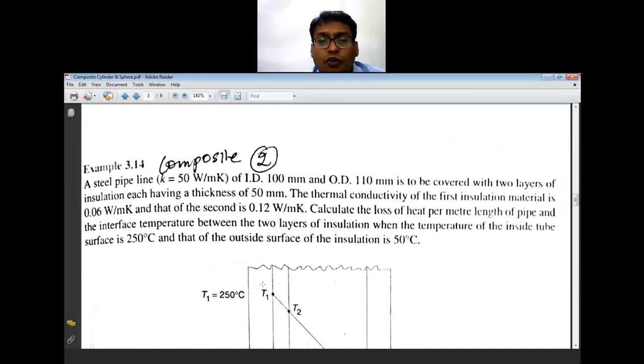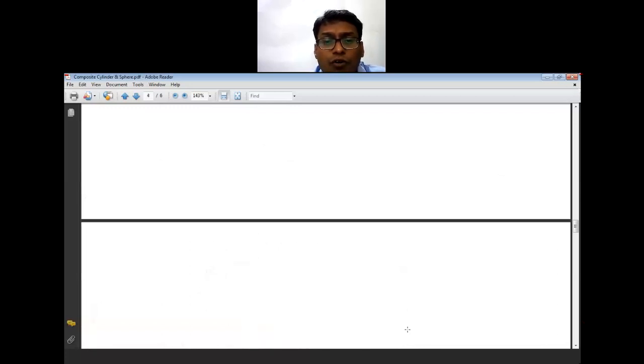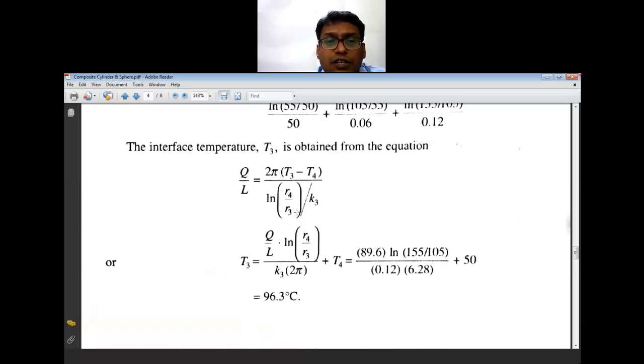That means heat transfer from first to second will be the same as the heat transfer from second to third, and the same as from third to fourth. So we have taken only T3 and T4 into consideration. However, the corresponding radii will be R4 and R3 with the thermal conductivity K3. So temperature T3 comes as 96.3 degrees Celsius.